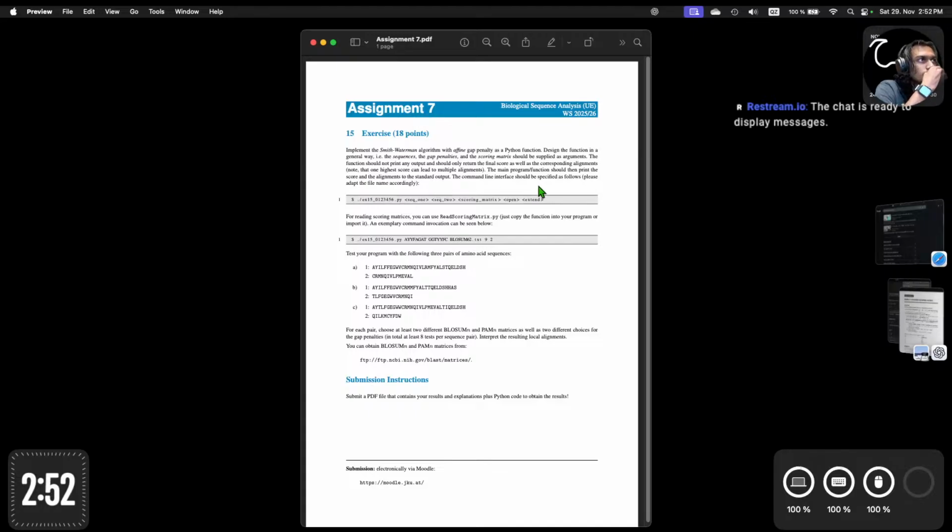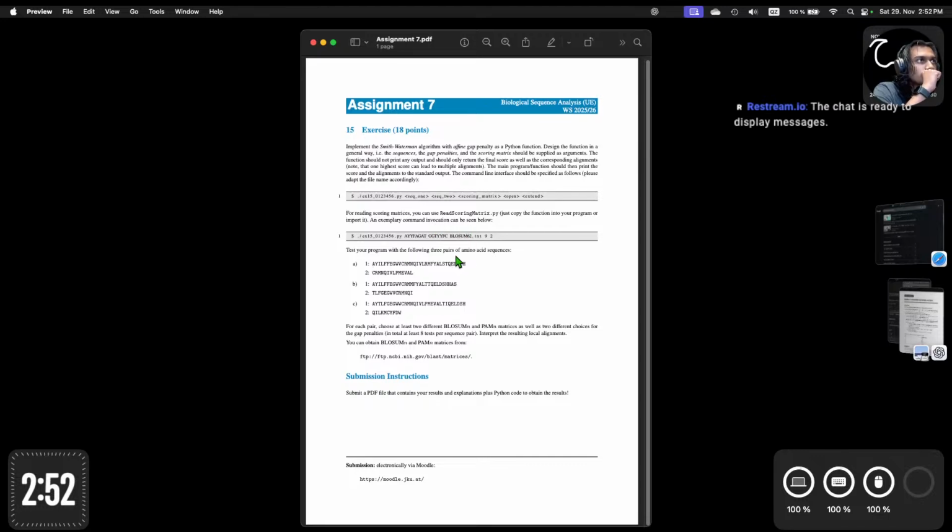The command line interface should be, yeah. For reading score matrix, you can use reading, okay. Just copy the function into the program or import it. An exemplar invocation can be seen as below. Test your program following 3 pairs of sequences; for each pair, choose at least 2 different blossom parameters.